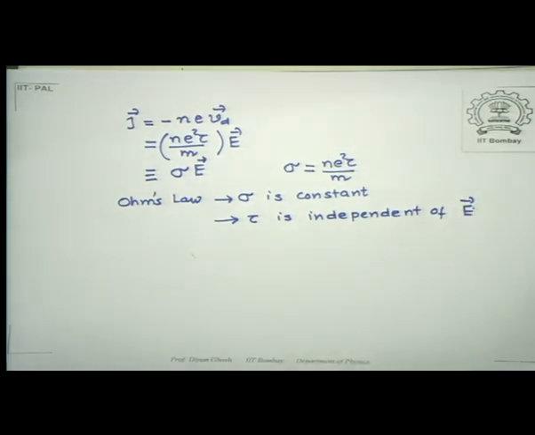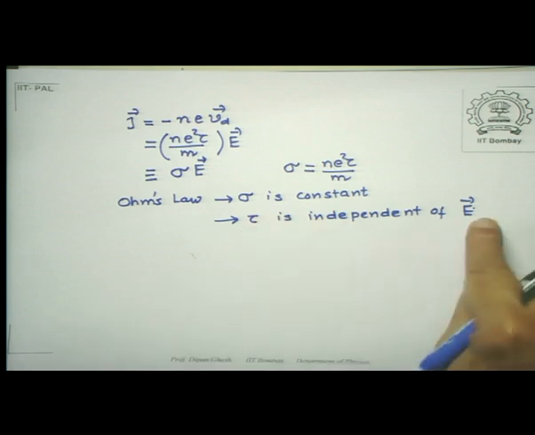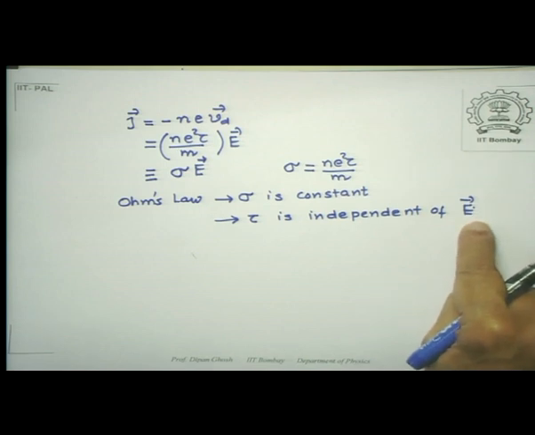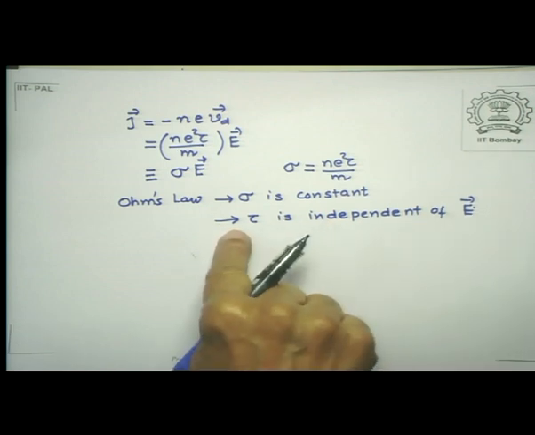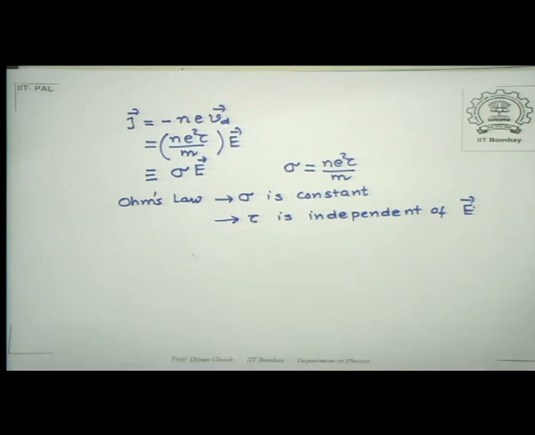Now, this is quite reasonable because we have seen that the electron velocity distribution is independent of an electric field, and tau, which is the time between two successive collisions, would depend upon the electron velocity distribution and not on the electric field. And this is the microscopic reason why Ohm's law remains reasonably valid.